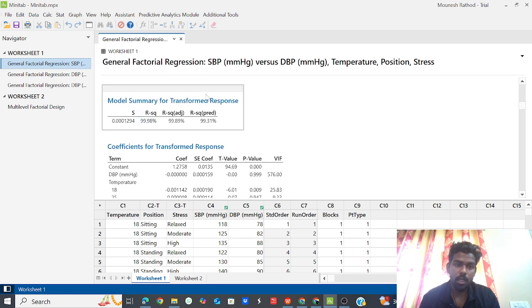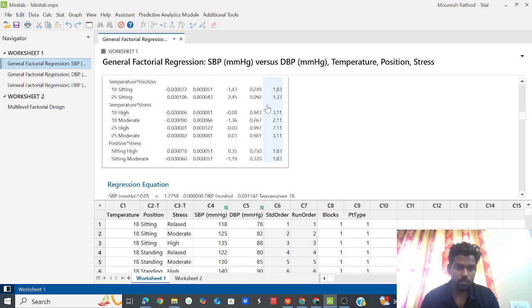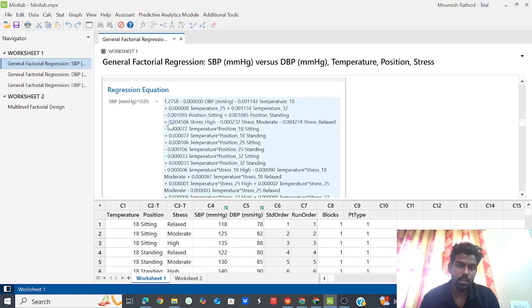Then the model summary of the transformed response is tabulated, and the coefficients for the transformed response are also found. So this is the regression equation for SBP for lambda 0.05.